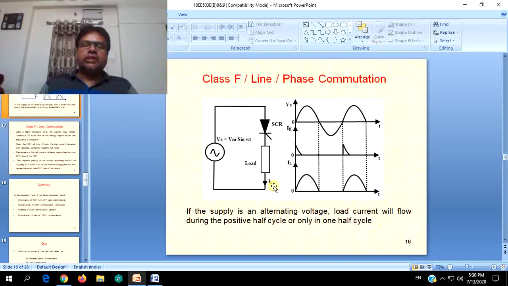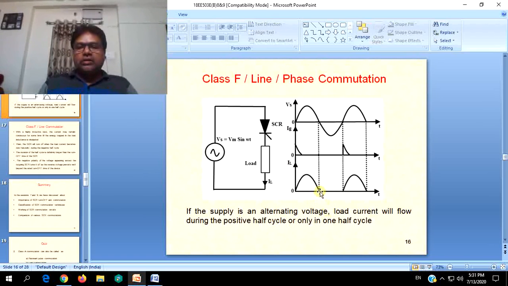In this circuit, we have discussed only a single phase, single SCR, or a half-wave rectification circuit, where the load is getting current in only one half cycle. In a given full cycle, current flows through the load for only one half cycle. This is half wave rectification.